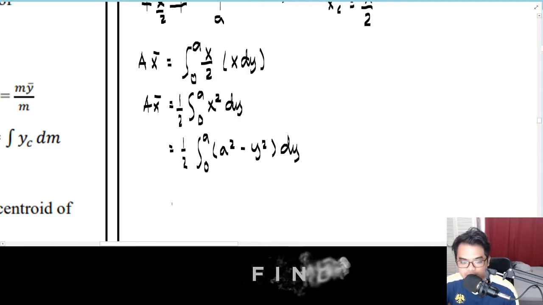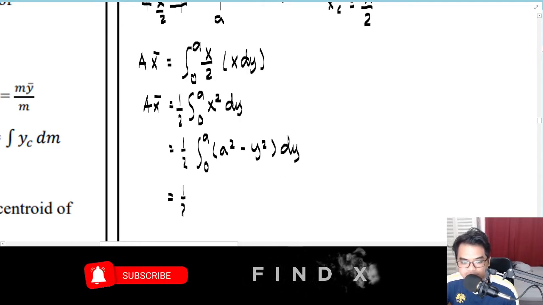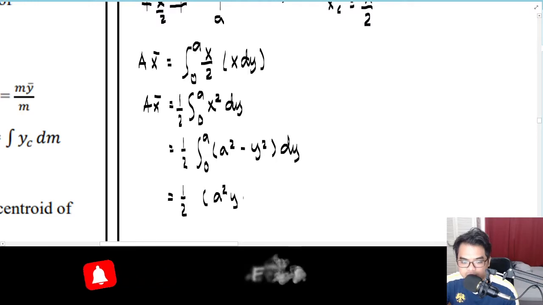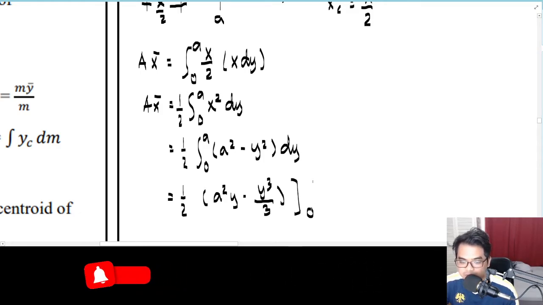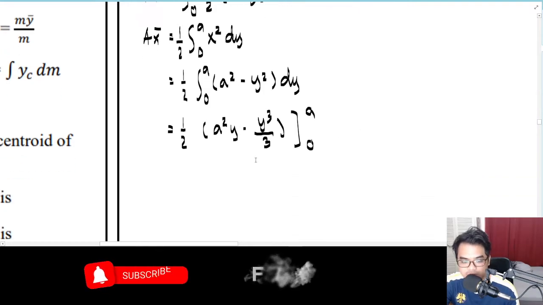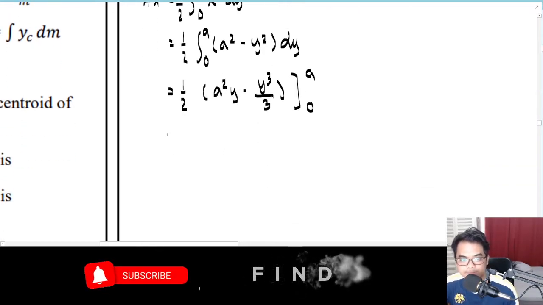Now we can apply the integral. So 1/2 integral of that, you'll have a squared y minus y cubed over 3, with limits from 0 to a. Don't forget that we still have a 1/2 outside.